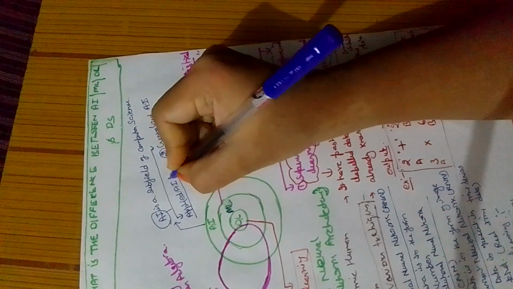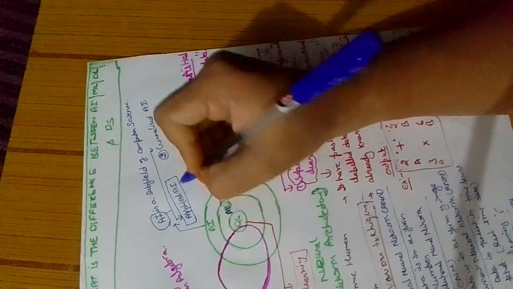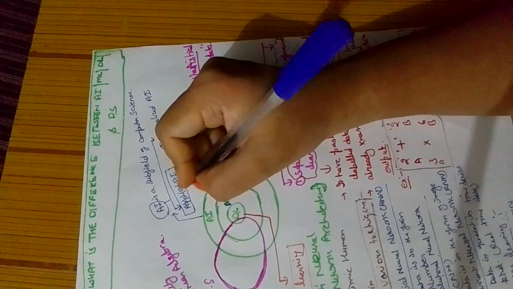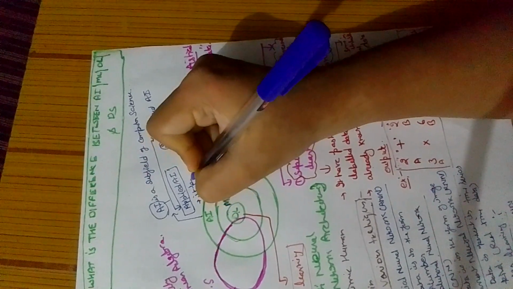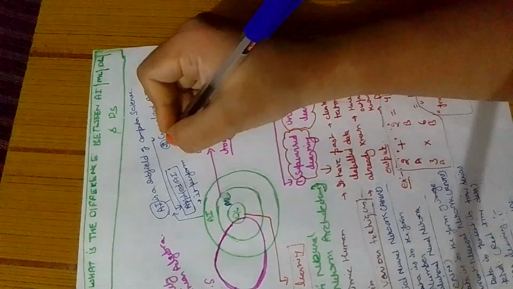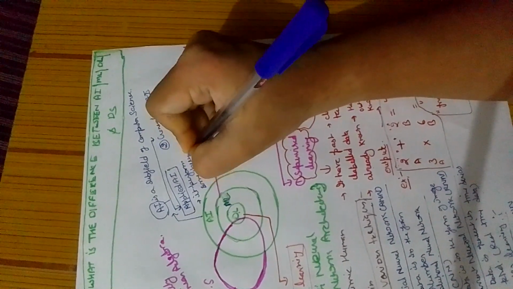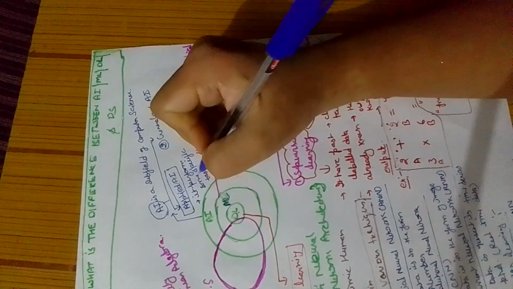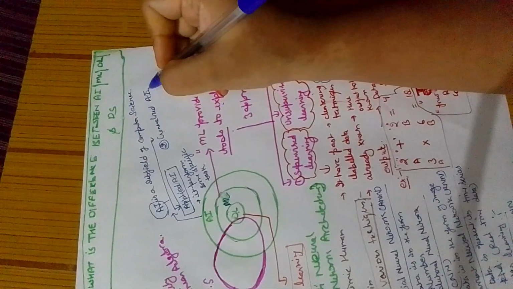What comes under applied AI? Can you guess what comes under applied AI? Under applied AI, it performs some specific task, that is applied AI. And what is generalized AI?